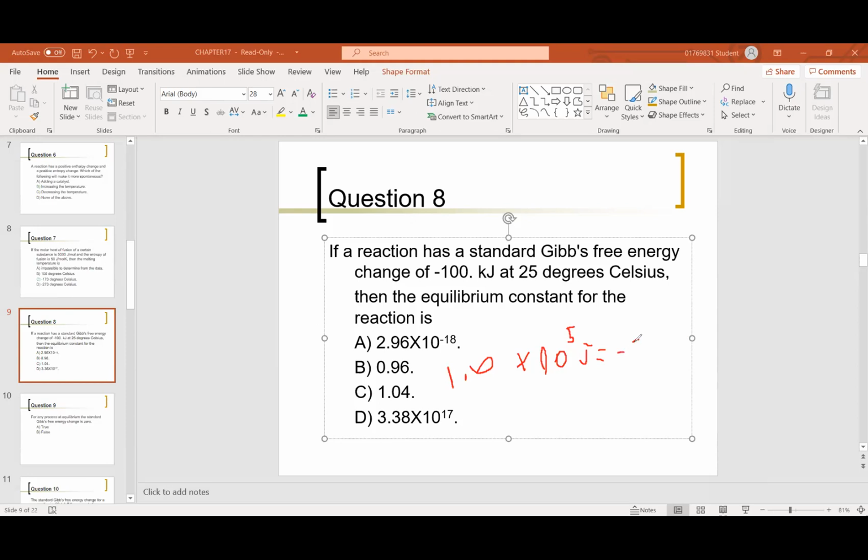Minus 8.31 joules per Kelvin mole. It's not very different. And then 298 Kelvin, and then just multiply all that by a lot of K.